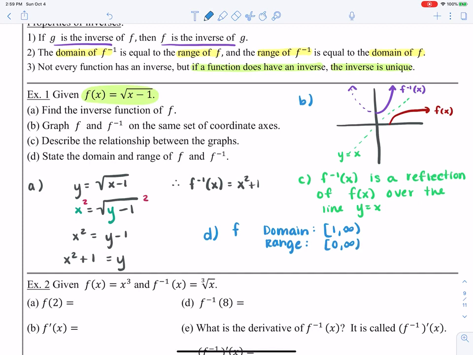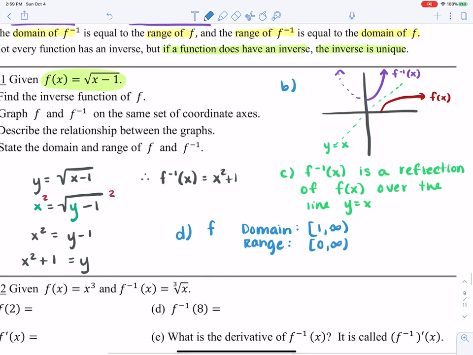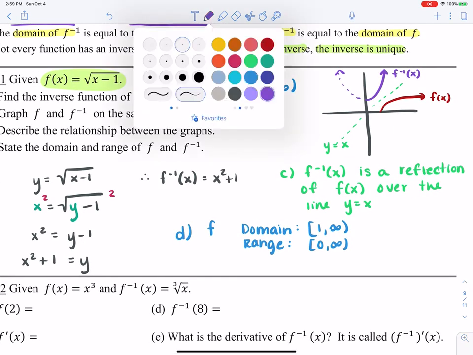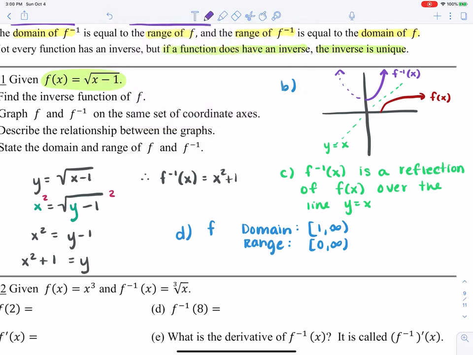Now, this is important because when we go to describe the domain and range of f inverse, remember that the domain of f becomes the range of the inverse, and the range of f becomes the domain of the inverse. And let's look at that graphically.